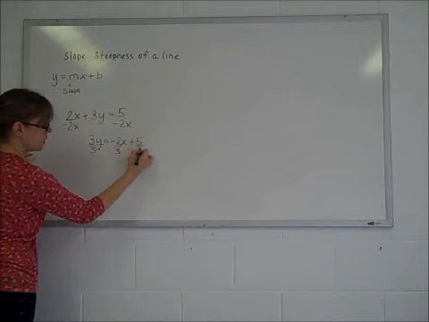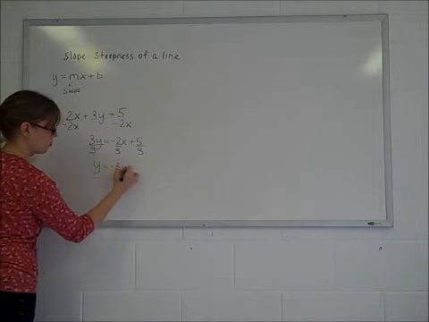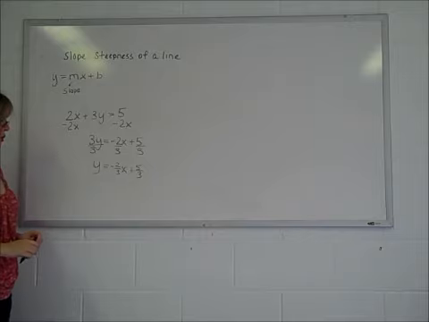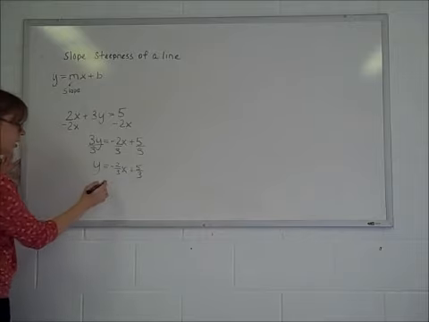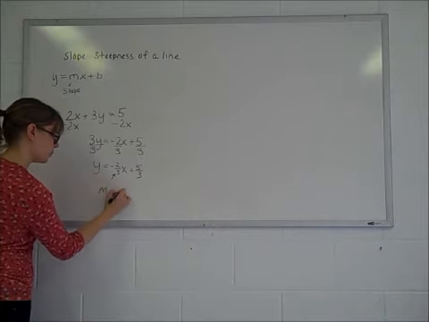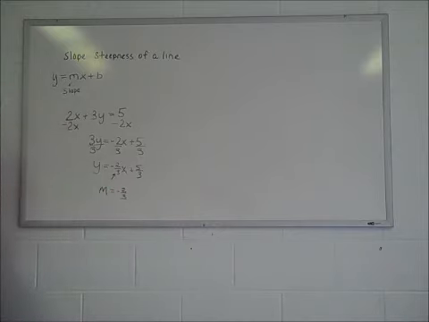What I do to one side, I do to everything. So y equals negative 2/3 x plus 5/3. The coefficient is my slope, negative 2/3. I think now you're probably ready to do some practice problems.